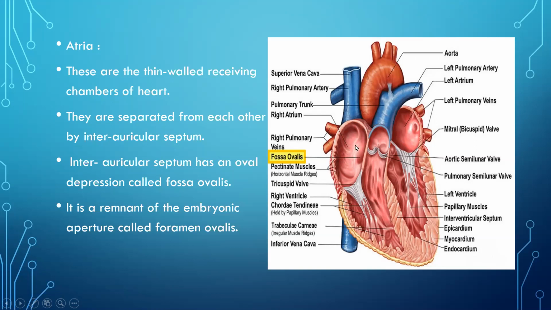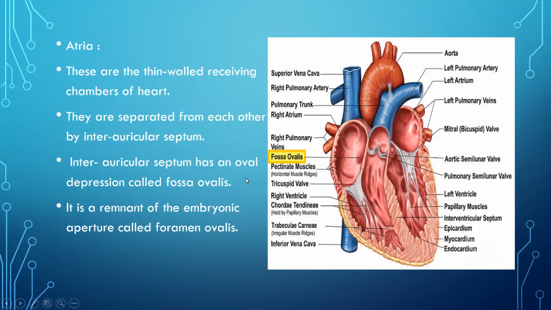Now, the atria are separated from each other by the interauricular septum. Inter means between, and auricles. So these are two auricles, and the two auricles are separated from each other by the interauricular septum, somewhere here.